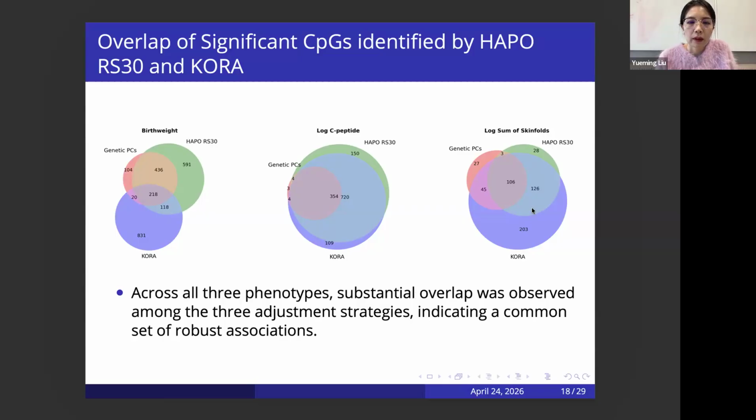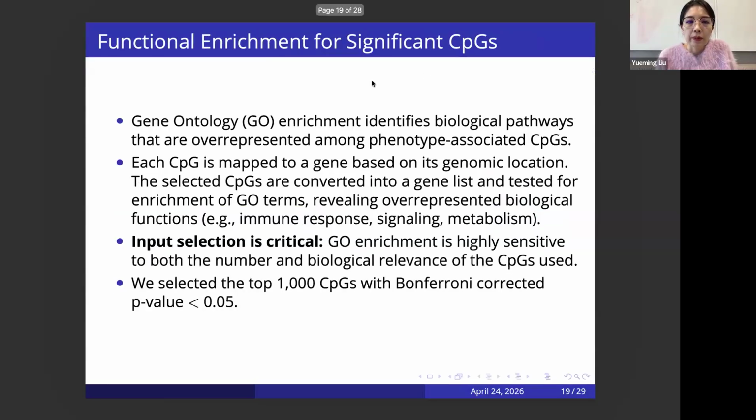To better evaluate our ancestry adjustment strategy, we perform functional enrichment, to identify biological pathways that are overrepresented among phenotype-associated CpGs. In those kinds of enrichments, each CpG is mapped to a gene based on its genomic location.